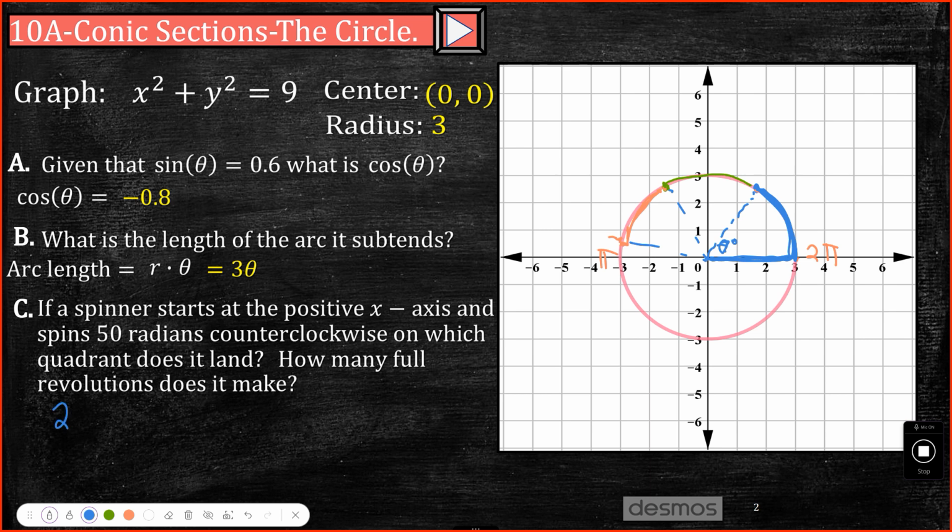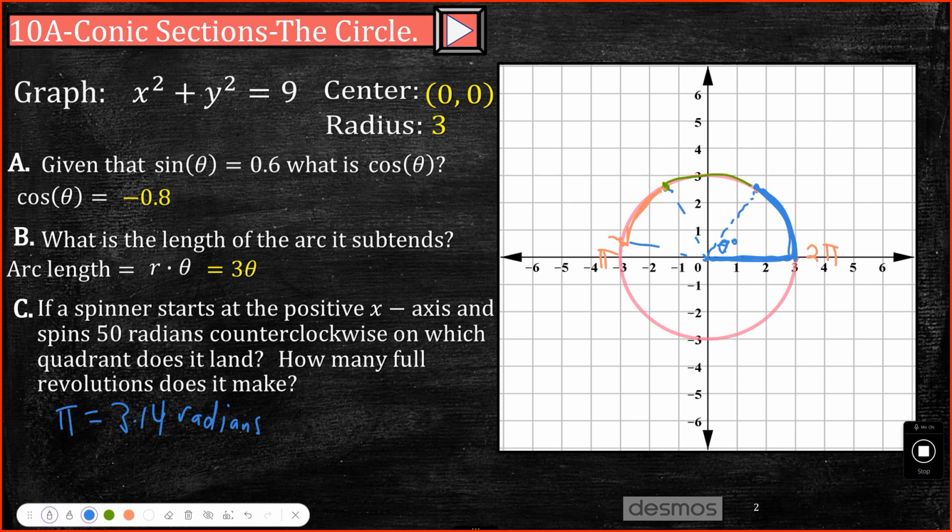So 2 pi, let's see, how many radians is pi anyways? Okay, how many degrees is pi? We said pi is 3.14, which is 3.14 on and on radians.